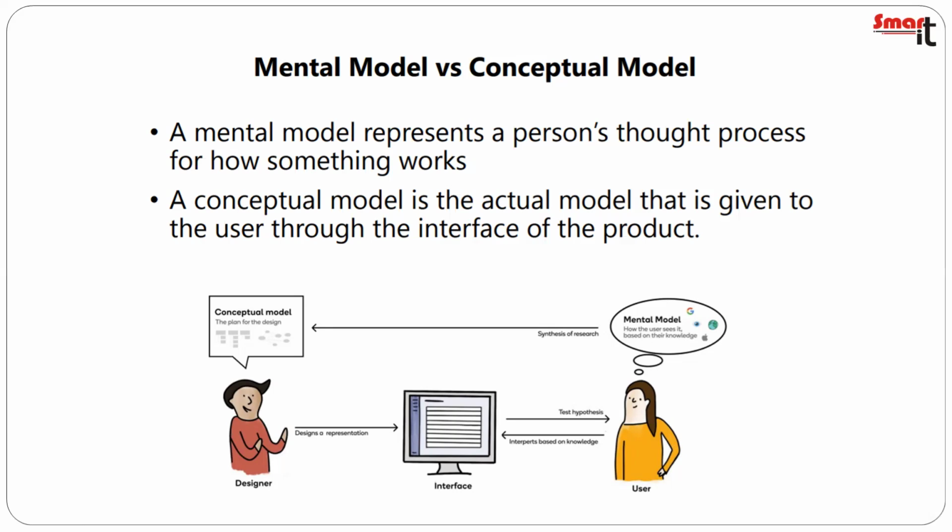For example, you are going to operate a lift and you are on an upper floor. You want to go to the ground floor. Normally in a lift, the ground floor button is at the bottom, right? But in this lift, it was in the upper part. So your mental model is one thing, and the conceptual model is something different. That means the interface is not good enough.